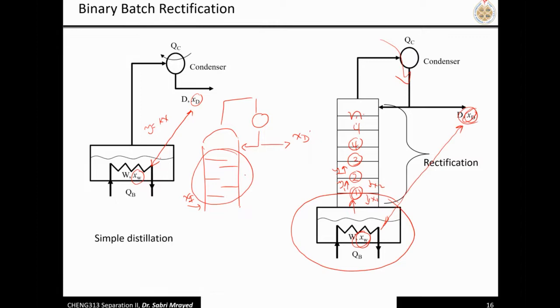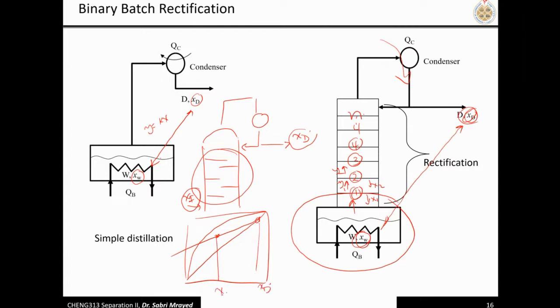What was relating the xd with xf? I will remind you with this diagram here. The one that is relating the xd with xf, let's say in this case, was the stages.